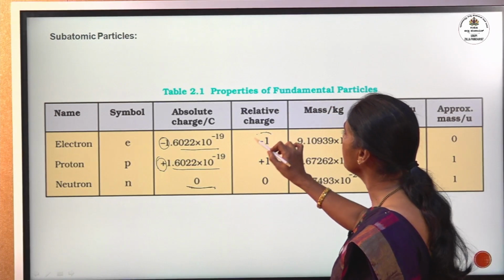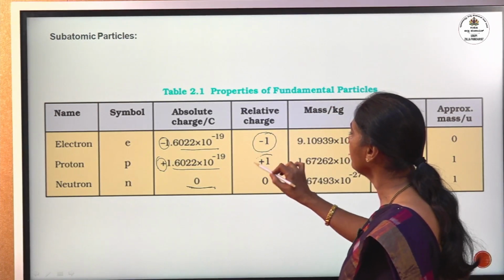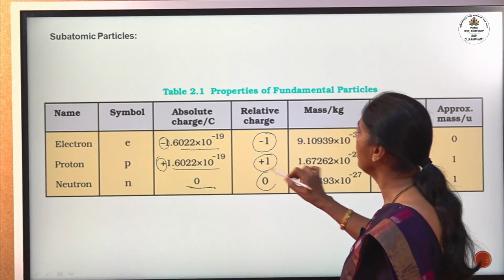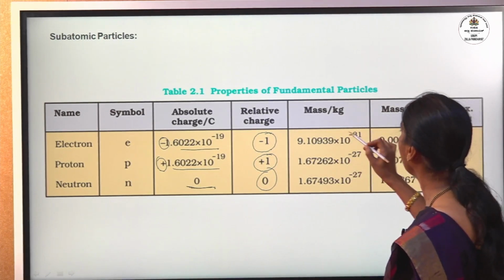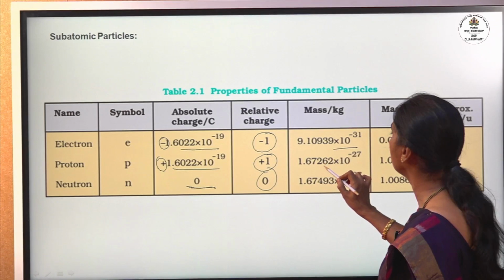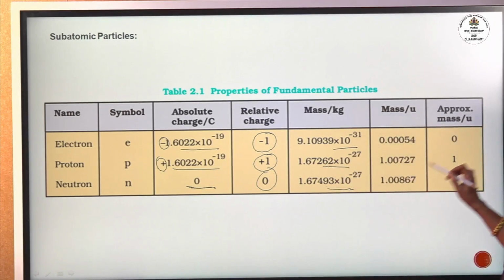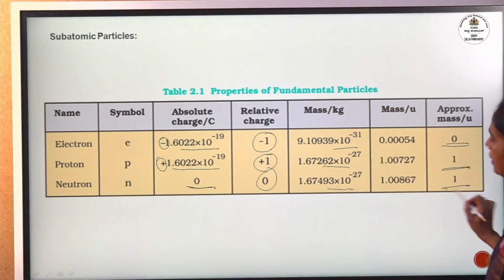Relative charge: electron is represented as -1, proton +1, and it is 0 for neutron. And mass per kg for electron, proton, neutron, and approximate mass is written like this.